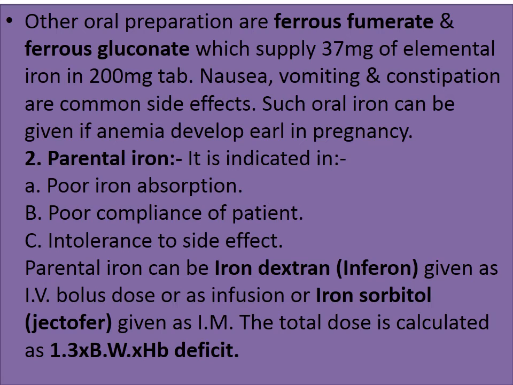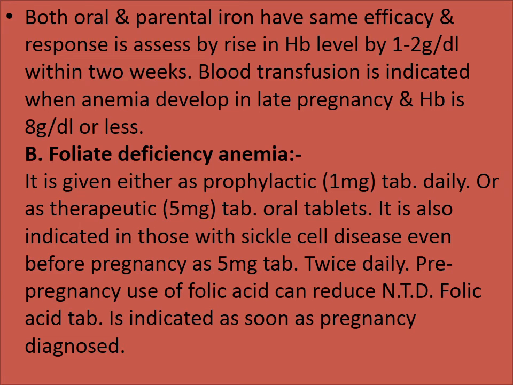The total dose required to correct anemia is calculated by the equation 1.3 multiplied by body weight multiplied by hemoglobin deficit. Both oral and parenteral iron have the same efficacy, and response is assessed by a rise in hemoglobin level by 1 to 2 grams per deciliter within 2 weeks.